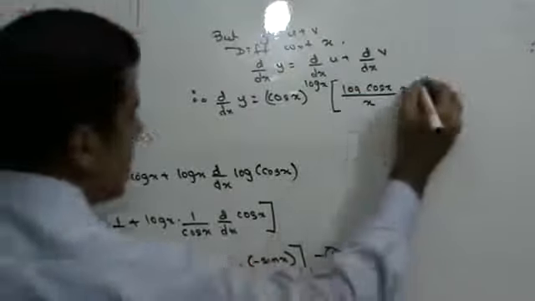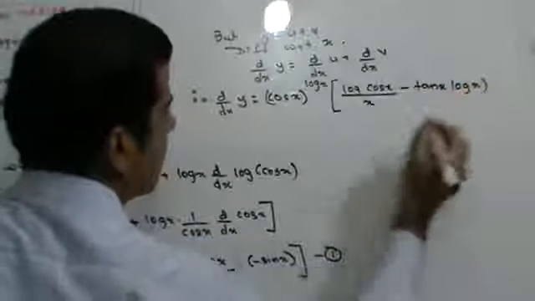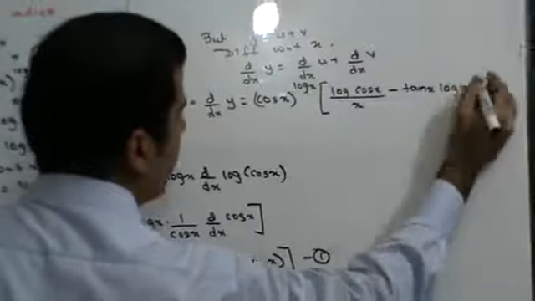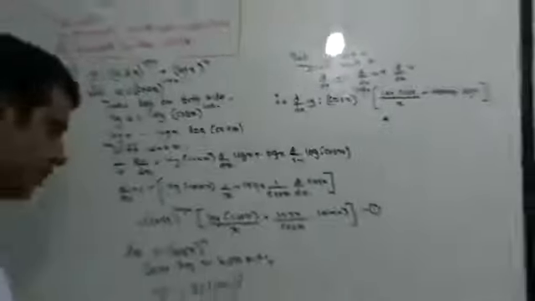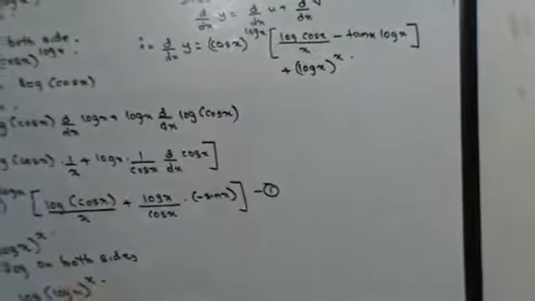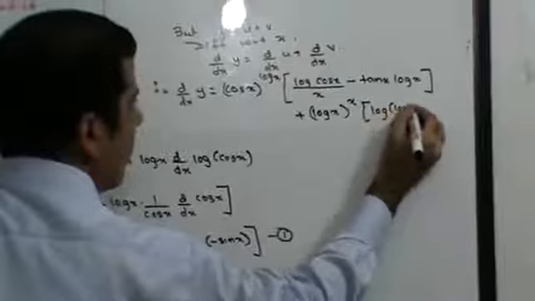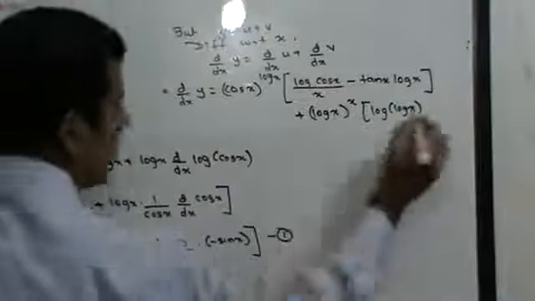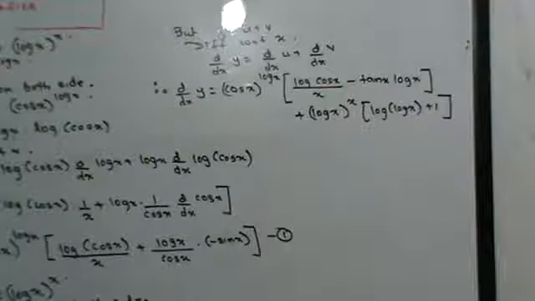Sin upon cos can be written as tan x log x, right? Plus dy dx of v, which we found out from equation number 2, which is log x raised to x log of log x plus 1, right? So that will be your answer for this sum.